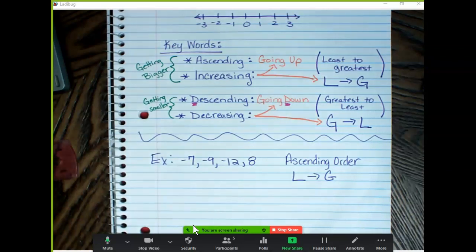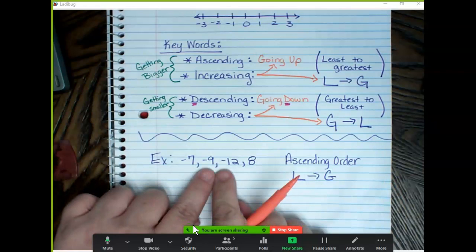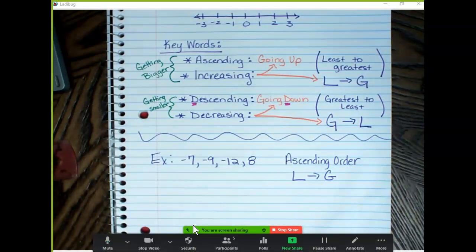And I'm going to show you a way that I like to show my brain work. I kind of think of it as a race. The winner is going to be the smallest value, because that's going to be what we write down first, right? So when I look at these numbers, first of all, I have positives and negatives. Which types of numbers are always smaller? Positives or negatives? Negatives.